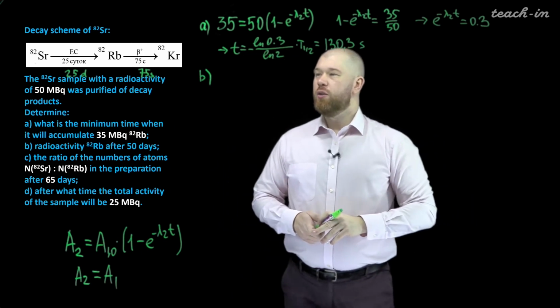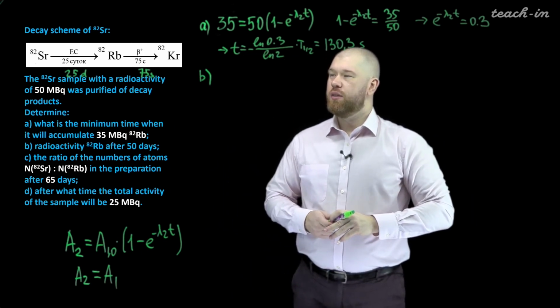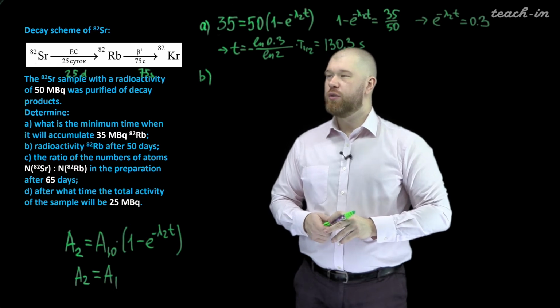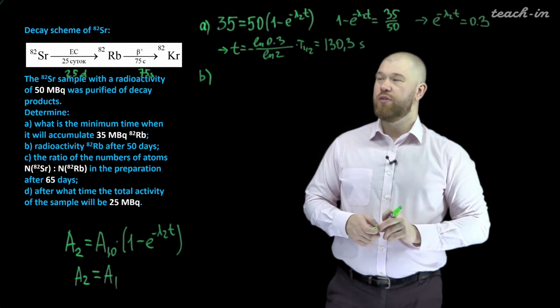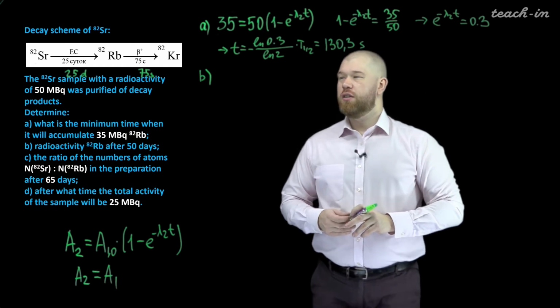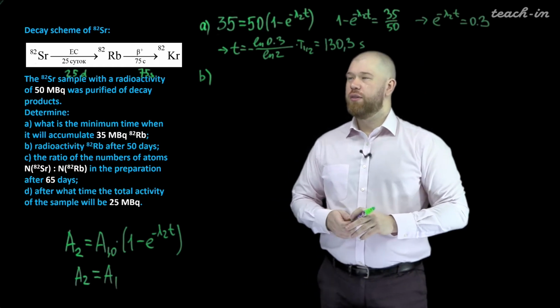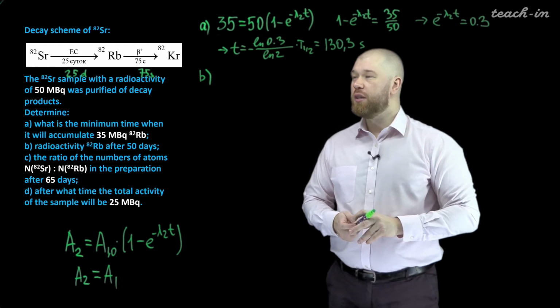So 10 half-lives of the daughter radionuclide means 750 seconds. That is equal to roughly 12.5 minutes.